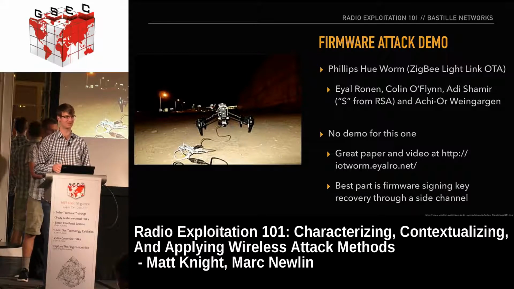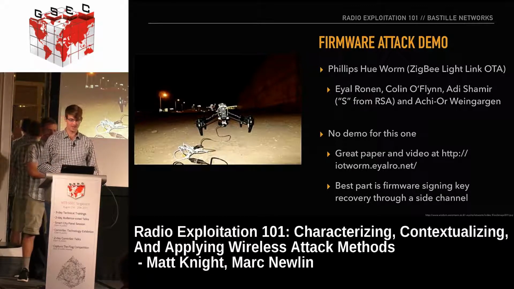They did that with a really impressive hardware, I think it was a power analysis side channel attack. And then they were able to deliver malicious firmware to these Philips Hue lights that not only would enable them to take them over and control their state, but would also self-propagate to other Philips Hue lights within range.